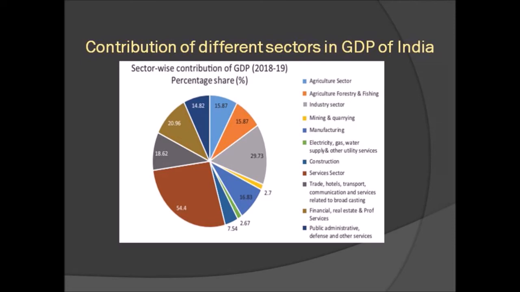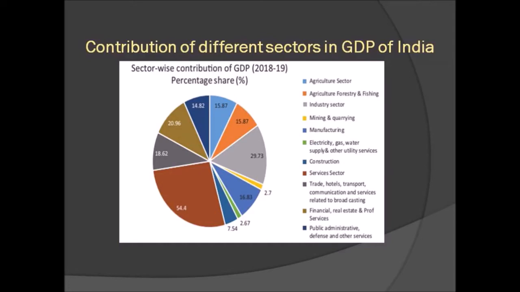The service sector is the largest, and its contribution to the GDP is the maximum, 54.4%. Gross value added at current prices for the service sector is estimated at 92.26 lakh crore in 2018-19.